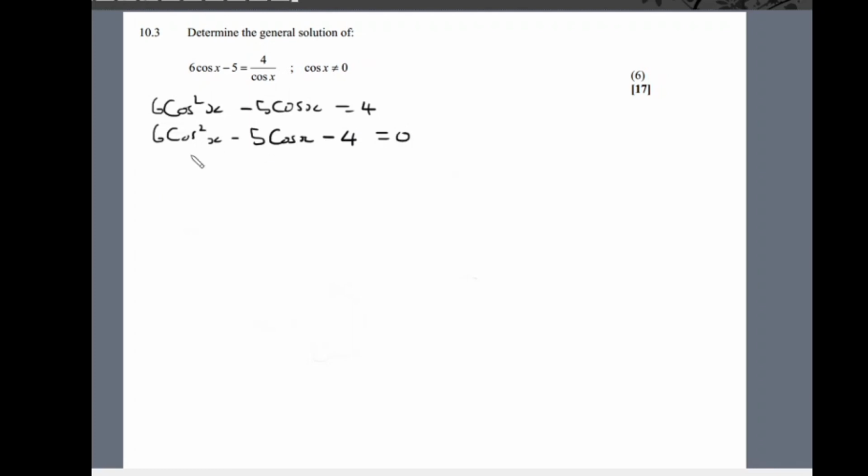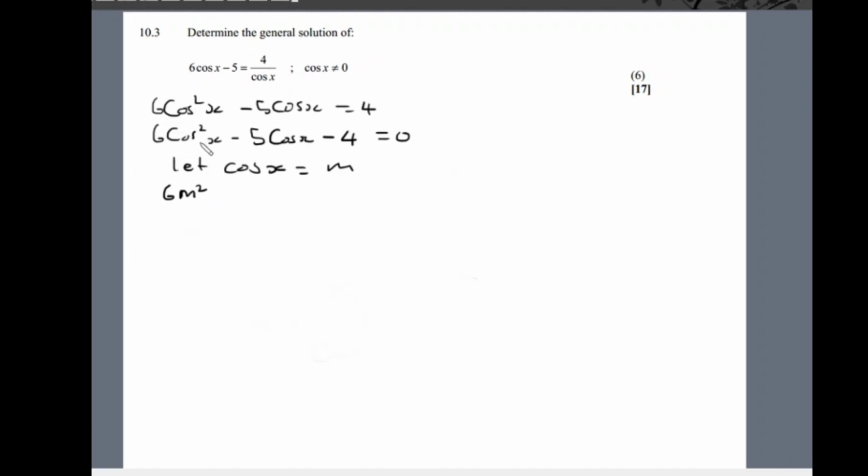And then you will see that this is a quadratic equation, right? If you let cos x be equal to m, this equation will become 6 m squared.